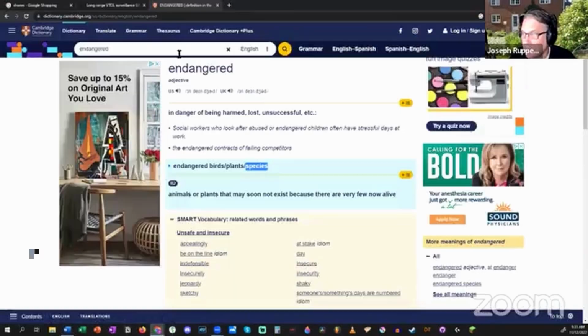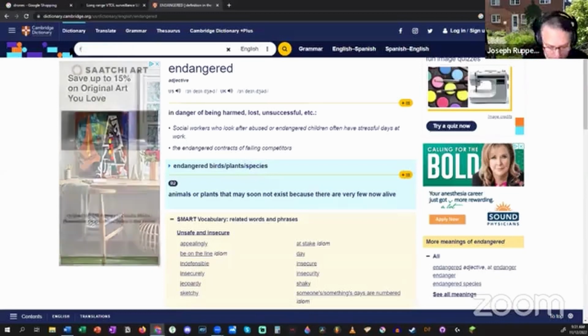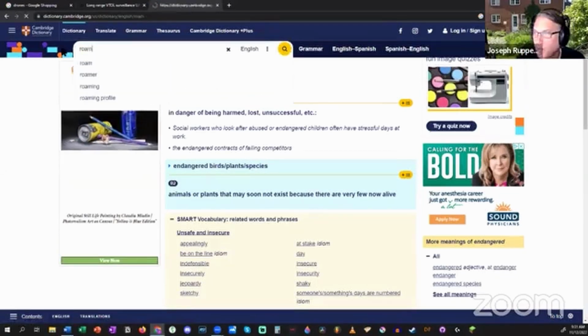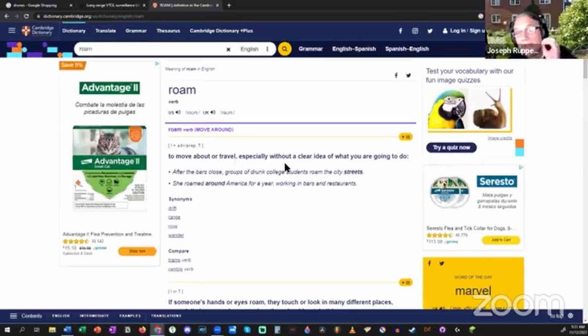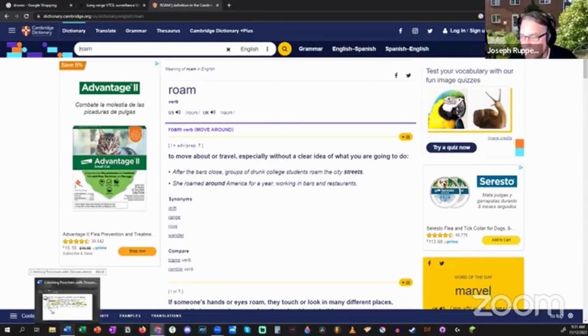Let's take a quick look at roam. Roam: to move about or travel, especially without a clear idea of what you want or where you're going. So these animals are wandering around. I think moving around without a goal or a clear direction is probably the best way to think of it.